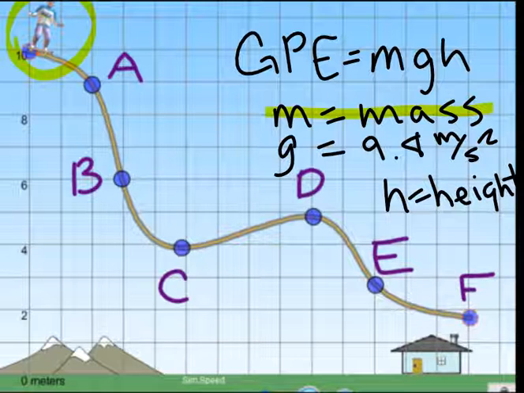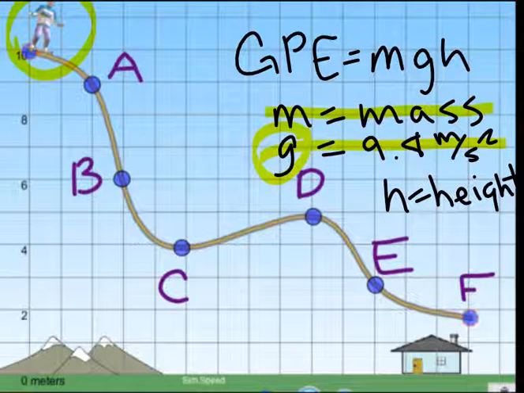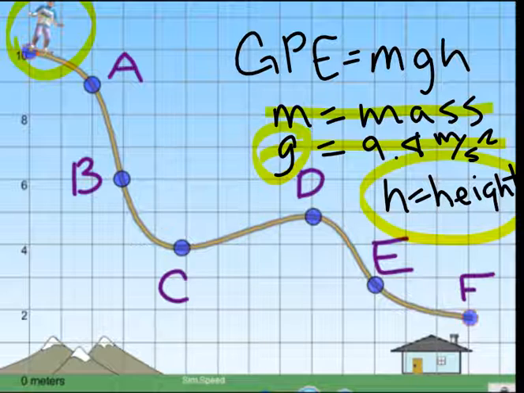He's also not going to a different planet or out into space. He's staying on Earth the whole time. And so because gravity is essentially the same everywhere on Earth, we know that can't be what's affecting it. So it's got to be our height. Our height has to be what is affecting his gravitational potential energy.